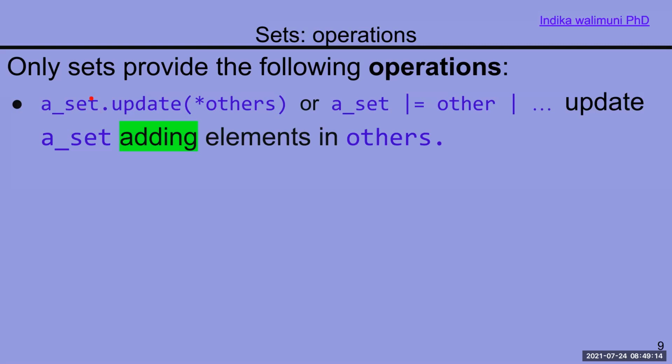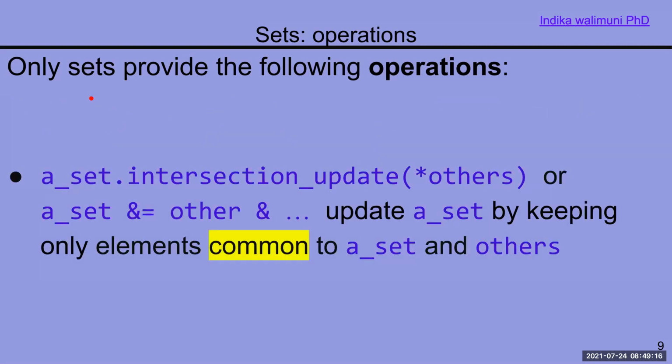Intersection update: the operator is &=. Again, we can have any number of other sets, and the same set gets updated with only the common elements in others.